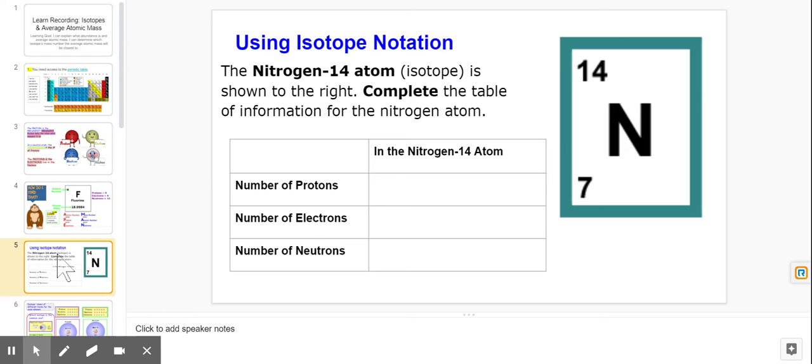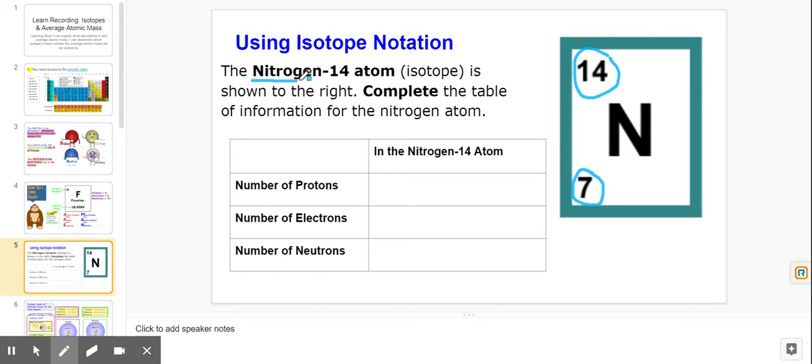We also have isotope notation. If you see this type of notation, this in the lower left is the atomic number, and in the upper left, that is the mass number. So there are different ways to write information about an isotope. That's one way.